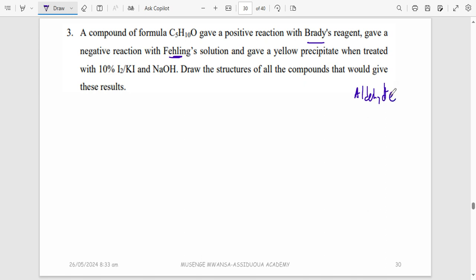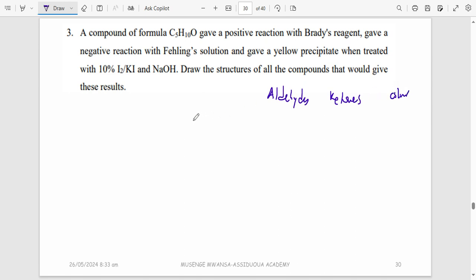Let me write this so that you understand it as a quick, interesting summary. We have got the tests for the aldehydes and the ketones, and also the color change they are going to give us.